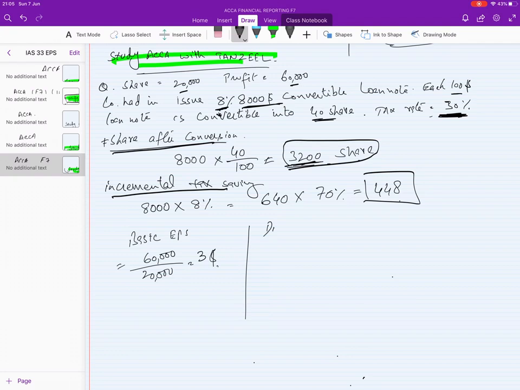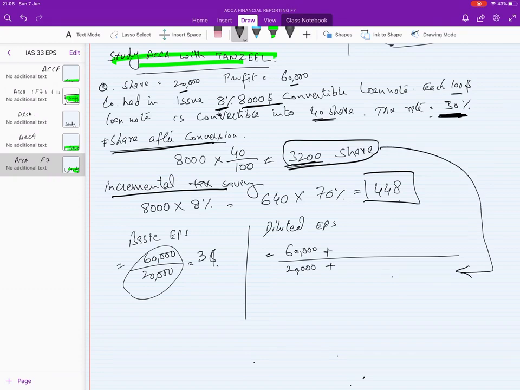How will we calculate diluted? Take this fraction: you have 60,000 profit and you have 20,000 shares before conversion, and after conversion you have 3,200 more shares, and this is your saving. 448 is your saving.